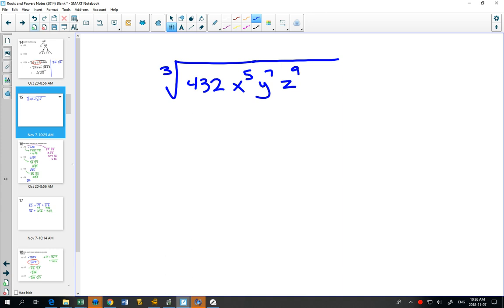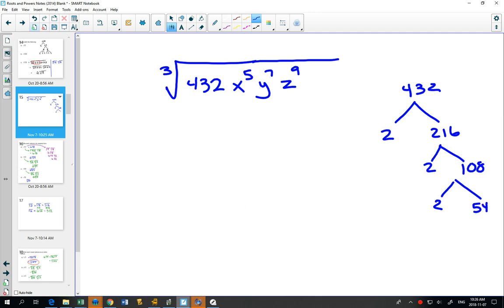So first of all, let's figure out what 432 is, because that's probably not in your normal times table, right? So I'm going to go to 432. It's 2 times 216, which is 2 times 108, which is 2 times 54, which is 2 times 27, which is 3 times 9, which is 3 times 3.